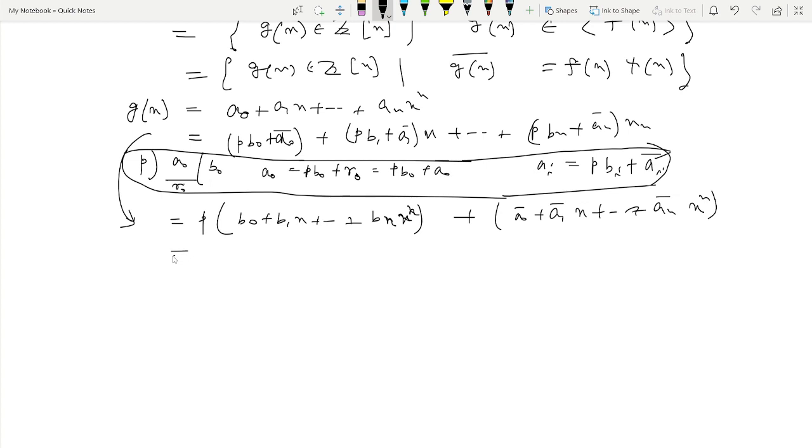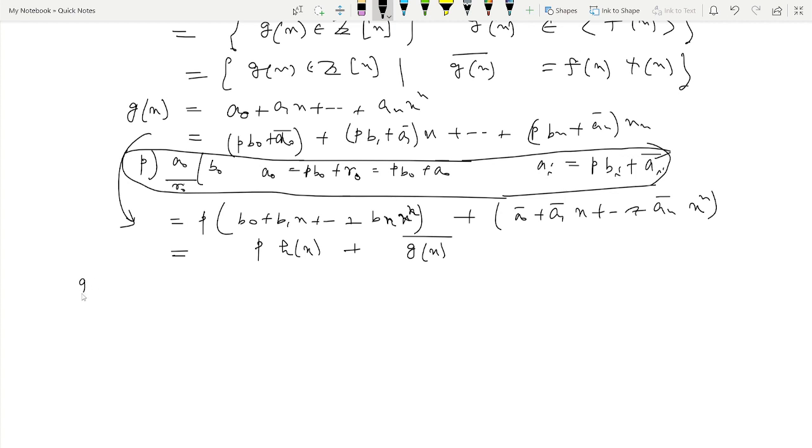So now this is p into some polynomial say h(x), plus this polynomial, which is actually class g(x), because this polynomial is obtained from g(x) by congruence modulo p.